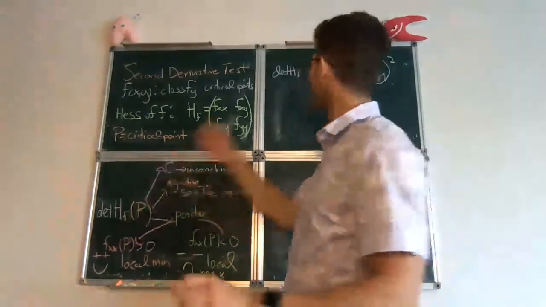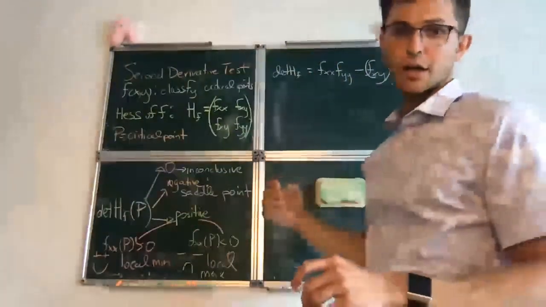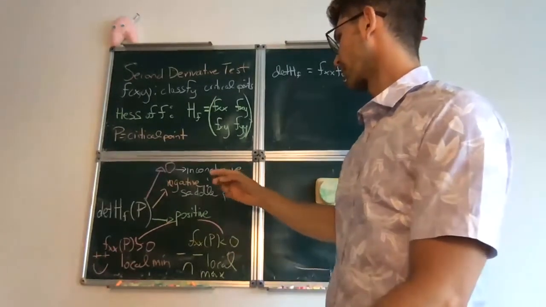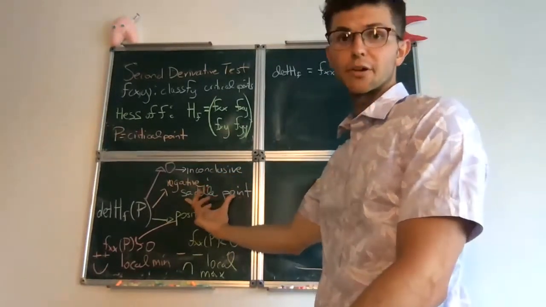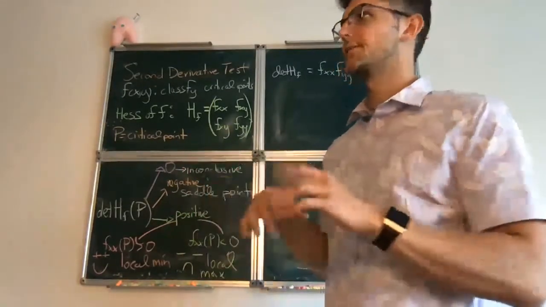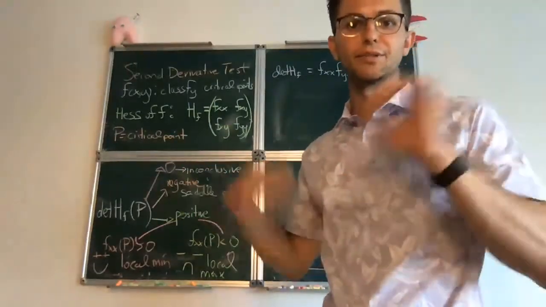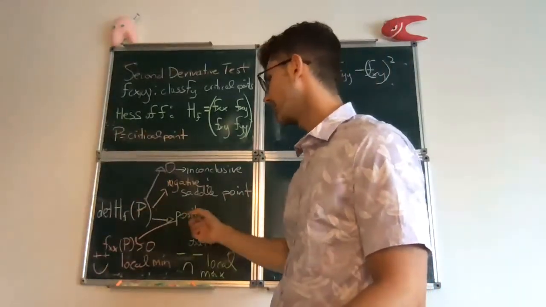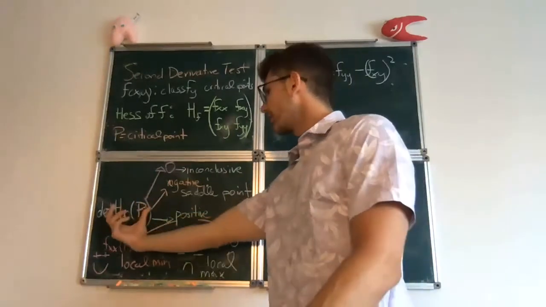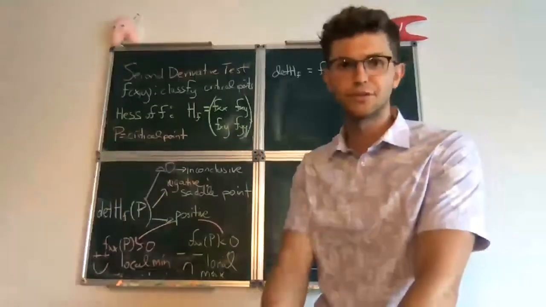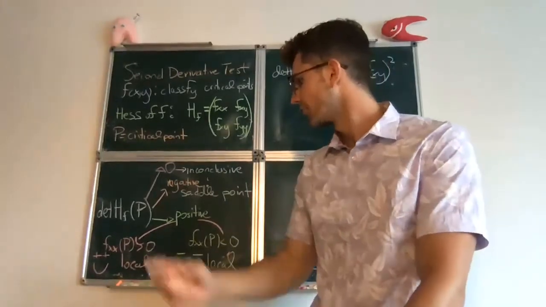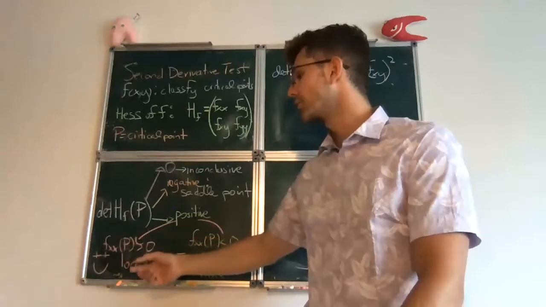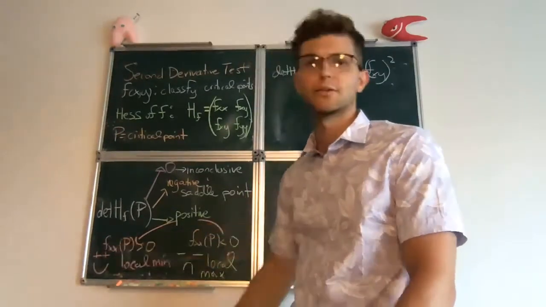If this expression evaluated at the critical point is negative, then you get a saddle point. This is the Pringles potato chip that I mentioned in the previous video. Now, if the determinant is positive, then this quantity no longer gives you enough information to decide what's going on, and you have to break it into two cases where you look at, for example, the second partial derivative of f with respect to x twice.